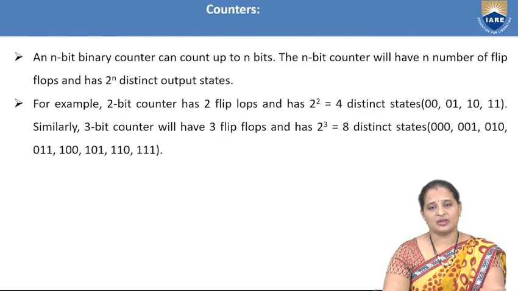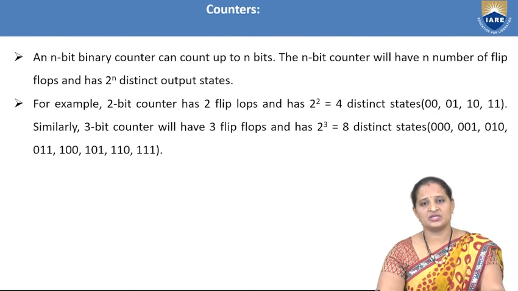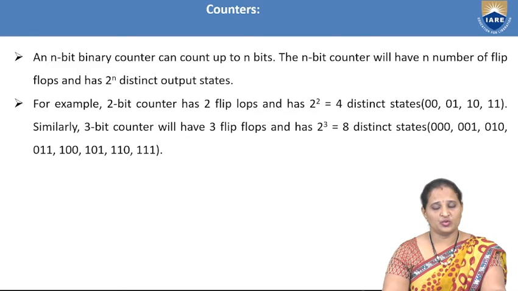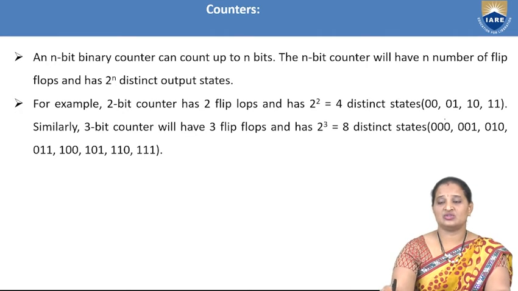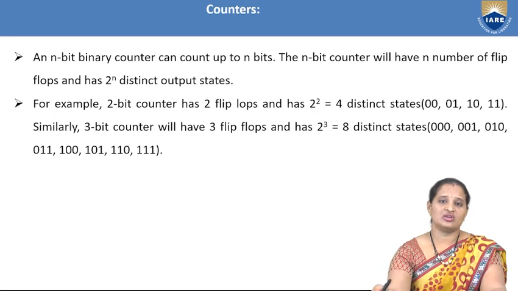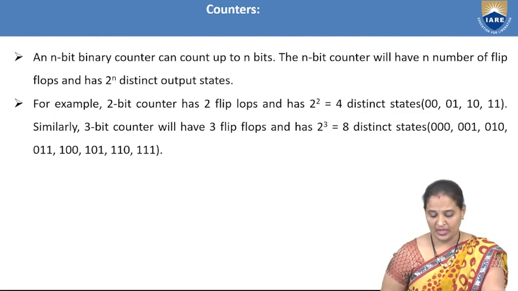For example, if you are designing a 2-bit counter, we require 2 flip-flops, and we can count 2 power 2, which is 4 states: 00, 01, 10, and 11. These are the output states that a 2-bit counter can undergo.